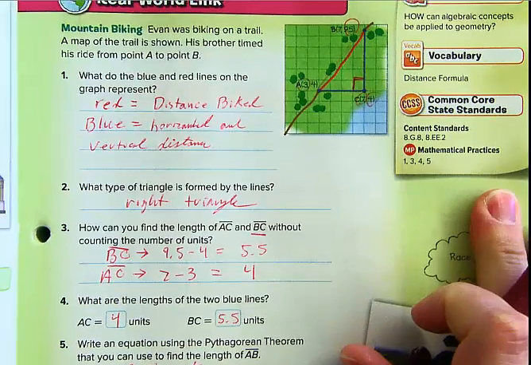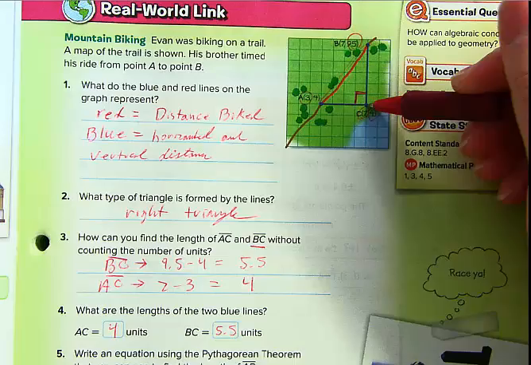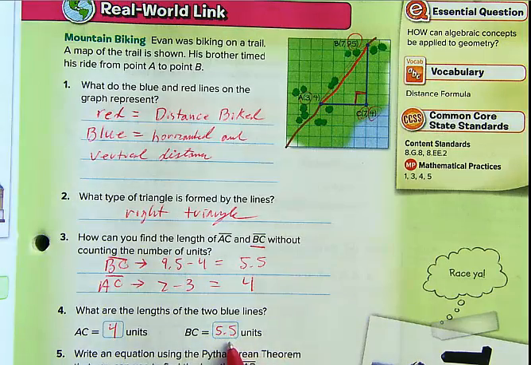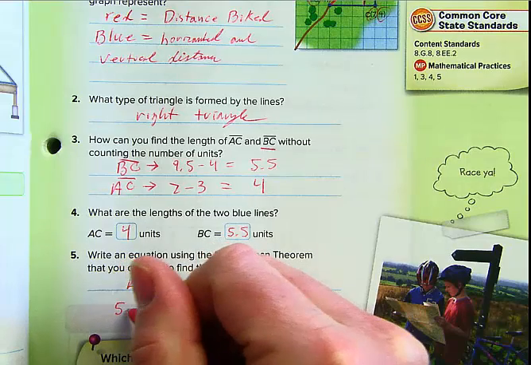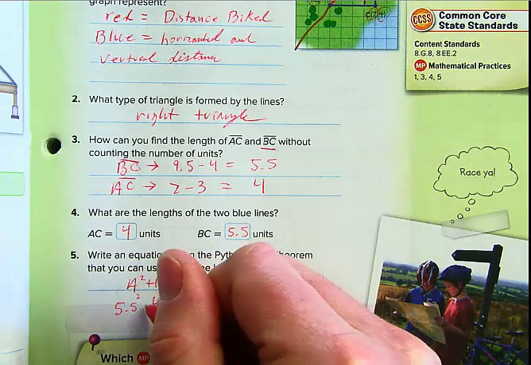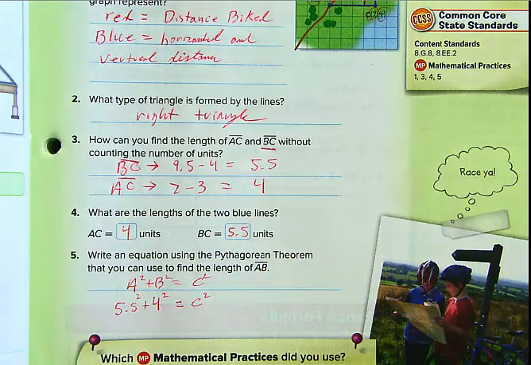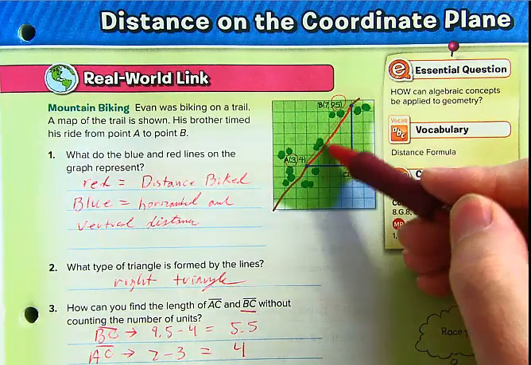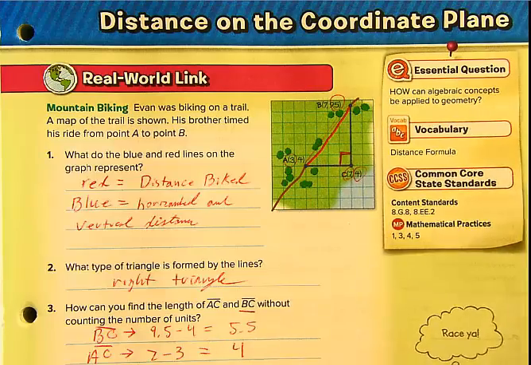And then the other line here, the up and down, the BC, I found out that one's 5.5. So my A is 5.5 squared plus 4 squared equals C squared. So if I find C, I'll have the diagonal distance right there that the bike actually traveled. Okay? All right, go ahead and turn the page.